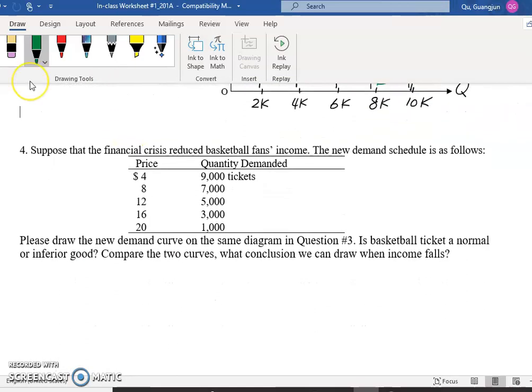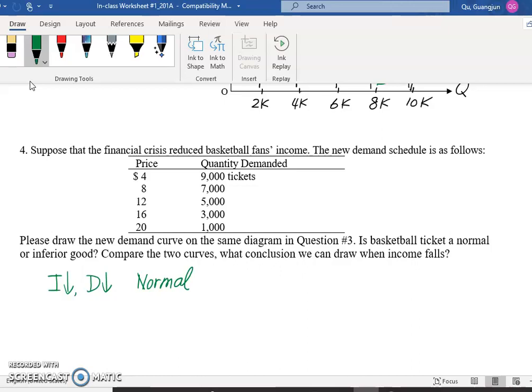Okay, so if we put that here, we find that when the basketball fans' income decreases, they're gonna buy less. Okay, so the demand for basketball tickets decreases as a result. Okay, because they're moving in the same direction, so we believe it is a normal good. The basketball ticket is a normal good.